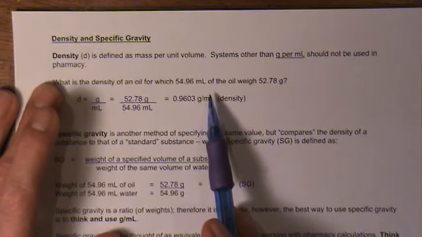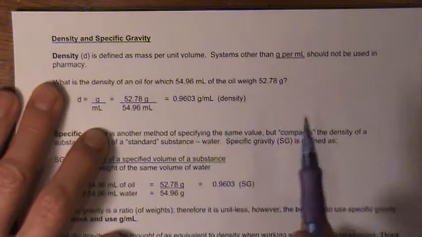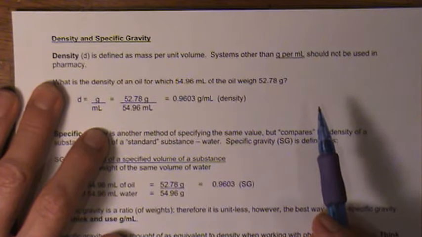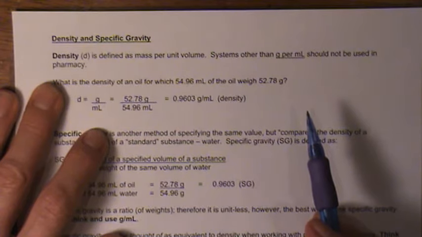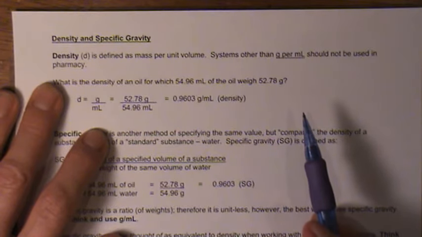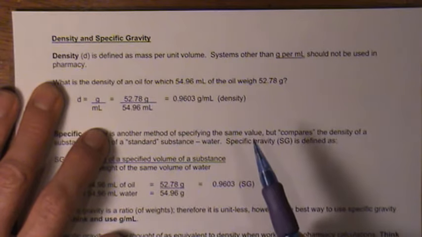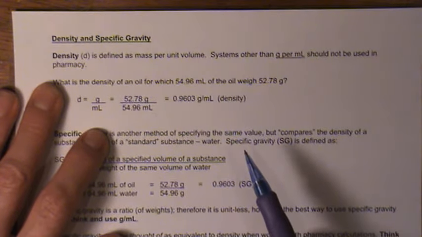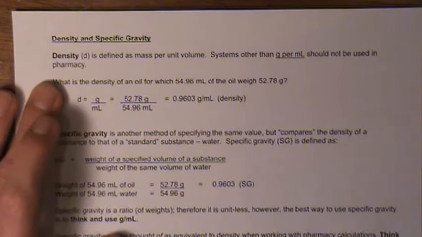The density of anything that is less dense than water is going to be less than 1, as is the specific gravity. And the density and specific gravity of anything that's denser than water is going to be above 1, and you probably already intuitively knew that.